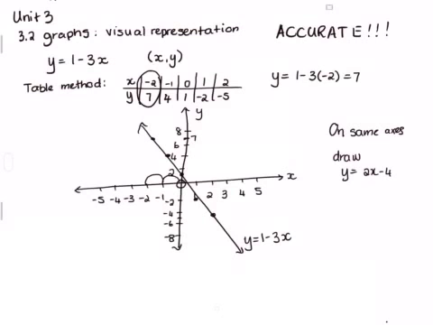Our space is a little short. And I only used -1, 0, and 1. So -1 was opposite -6. 0 was -4. 1 was -2. So there goes this graph. And this is y equals 2x minus 4.